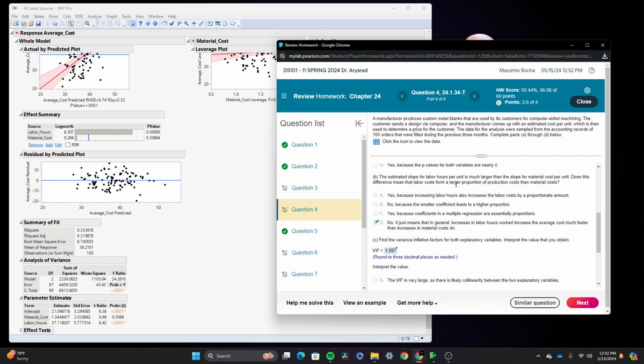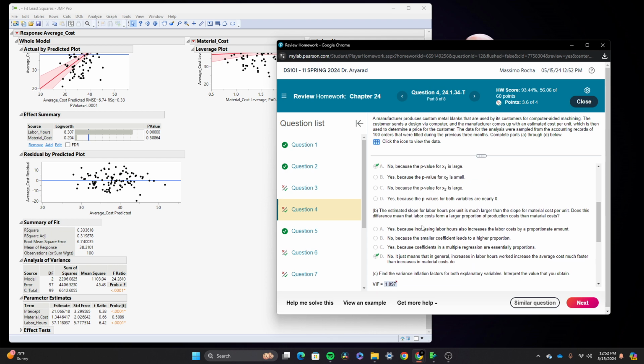Okay, so this is pretty much what it's saying. The estimated slope for labor hours per unit is much larger than the slope for material cost per unit. Does this difference mean that labor costs form a larger portion of production costs than material costs?